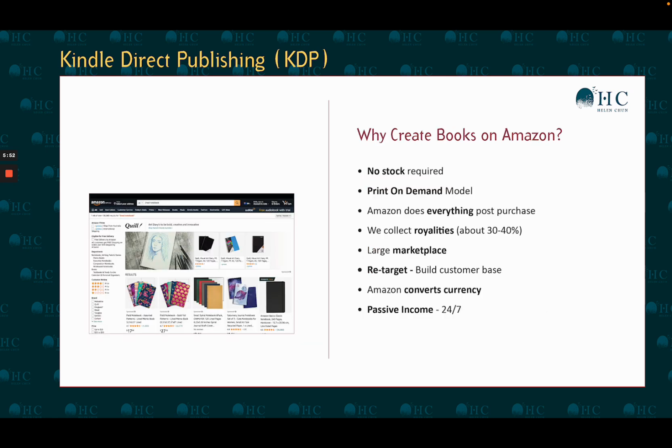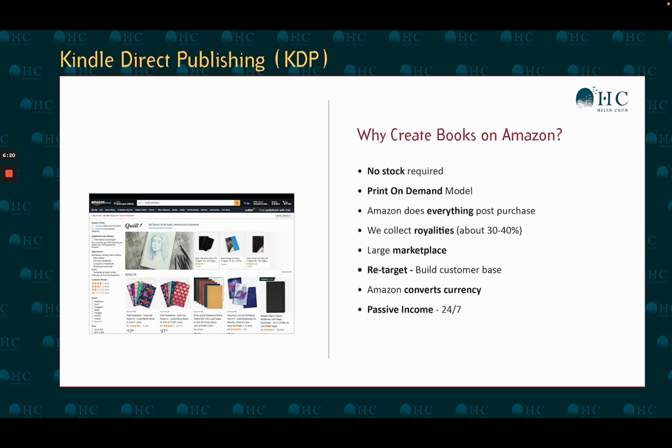So why create books on Amazon? Well, there's no stock required. It's a print-on-demand model. Amazon does everything post-purchase, and we collect the royalties. It's usually about 30 to 40%. And as I mentioned, you're already in a large marketplace, and this means that you can retarget your customer base.